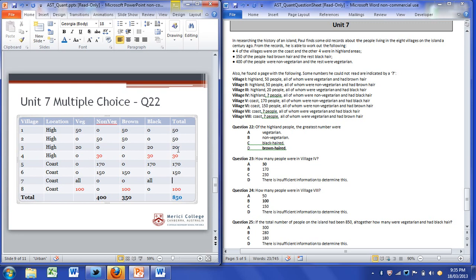So 50, 50, 20 is 120, plus 30 is 150, plus this is 320, 470, 570. So therefore there are actually 280 people in this village right here, which means that needs to equal 280, which means that needs to equal 280.